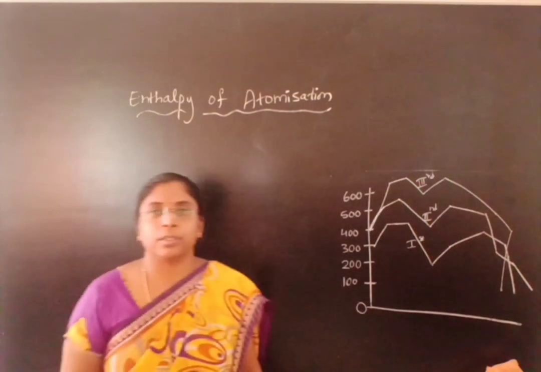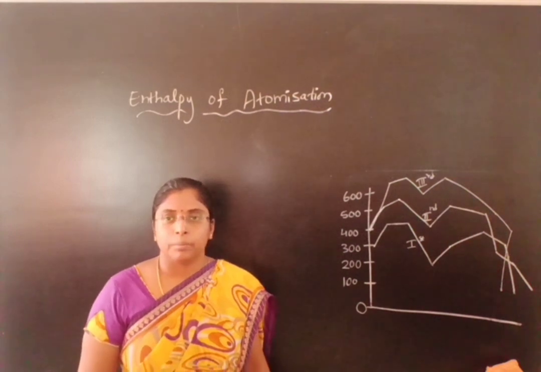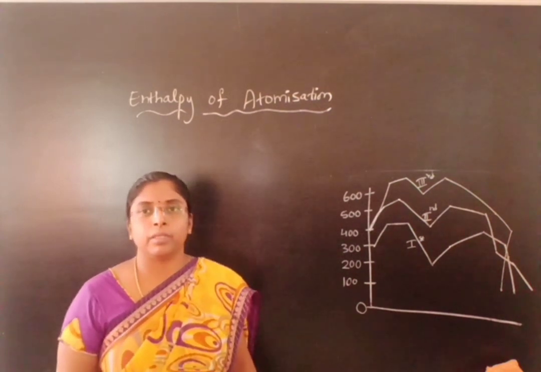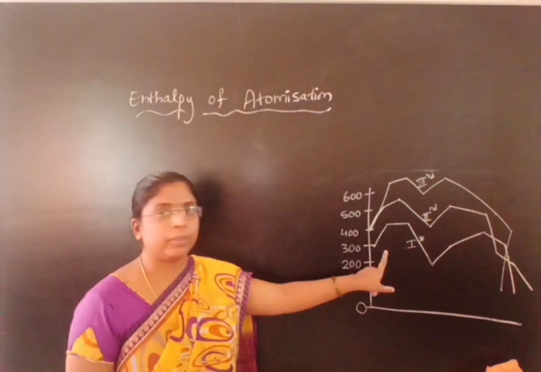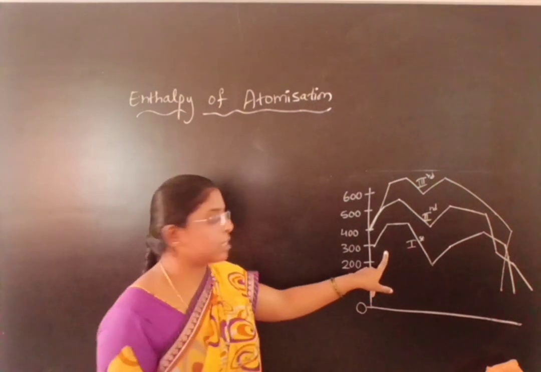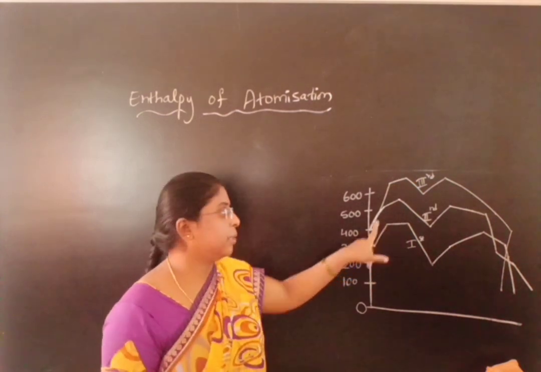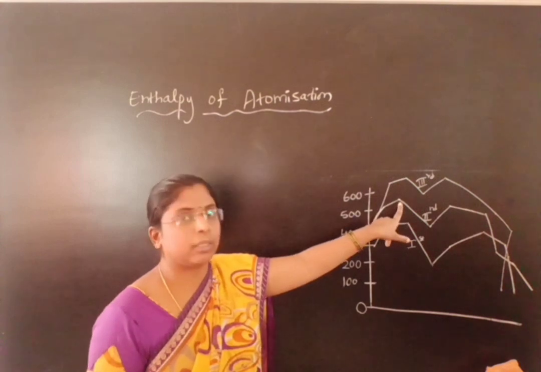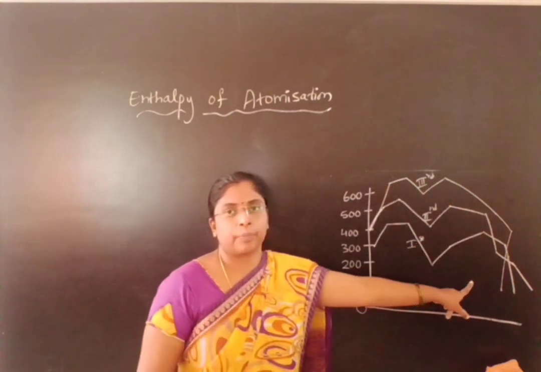These transition elements have high enthalpy of atomization, but the increase in enthalpy of atomization is not regular. If you see the enthalpy of atomization, in the first transition series it increases up to the middle. Similarly, the second transition series also increases up to the middle, and then it goes on decreasing.